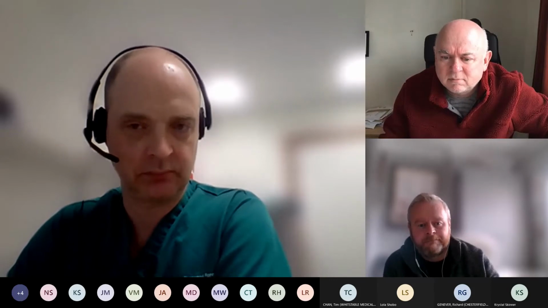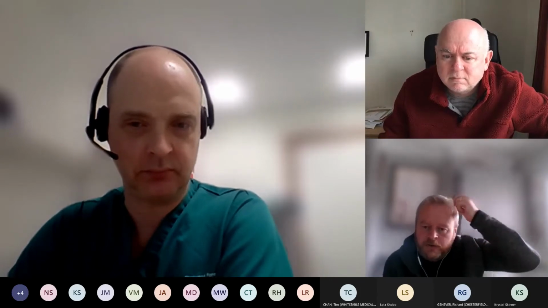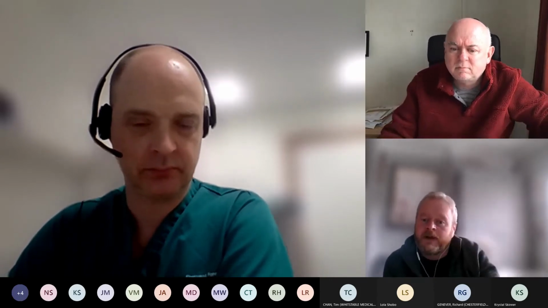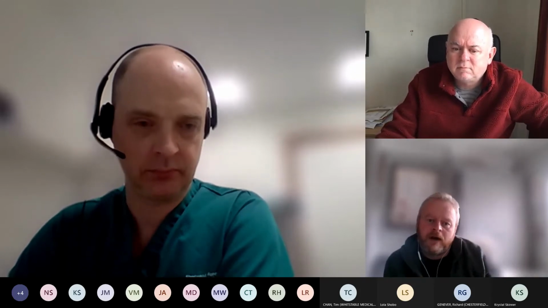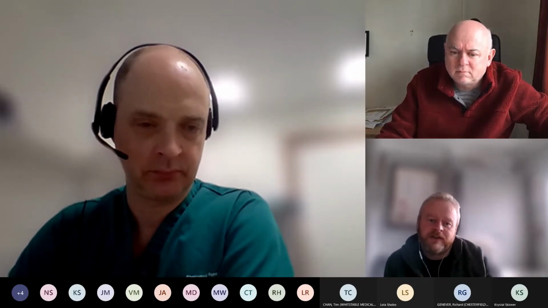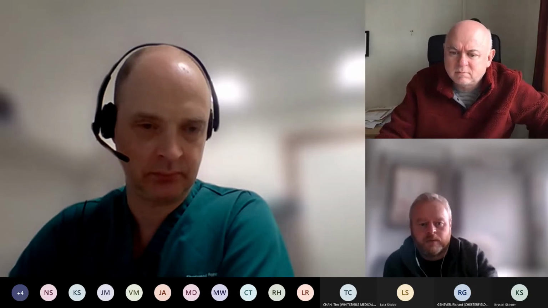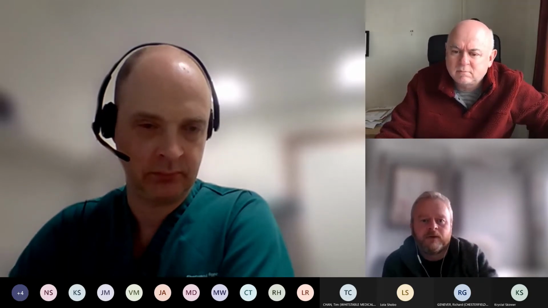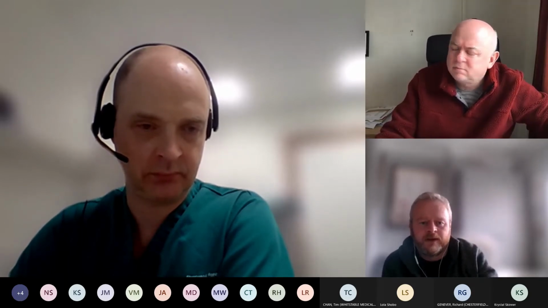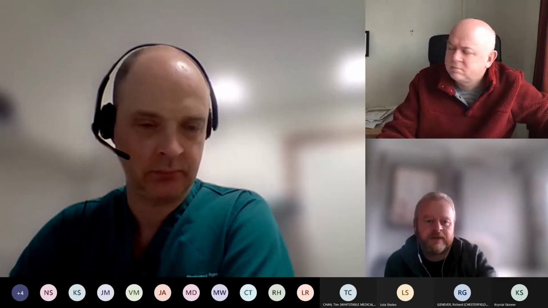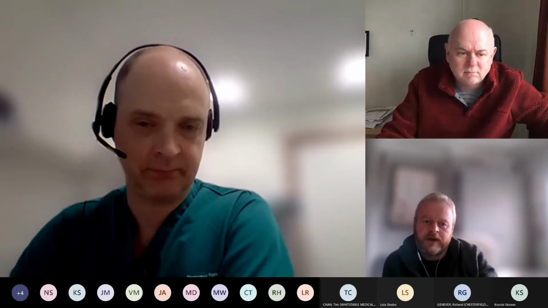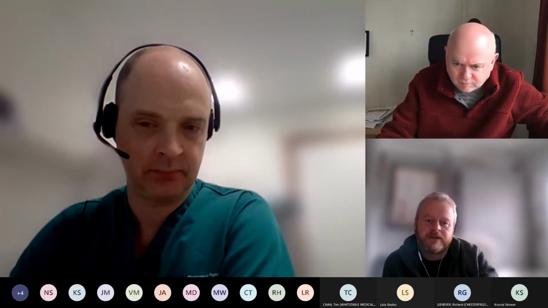If we can use the tool to identify where the gaps are, then that can be a really powerful way of working within an ICS to say, well, look, actually, we've got this percentage of people who are admitted every day that the whole admission would be avoidable if we had this resource in place. So we could use it as a way of identifying those potential gaps.